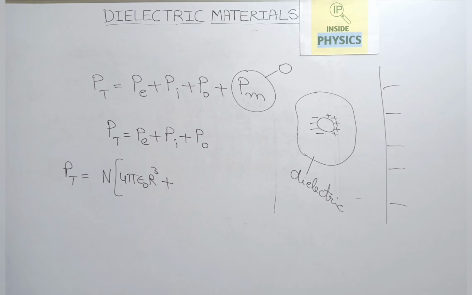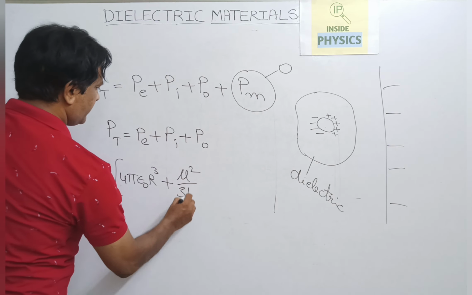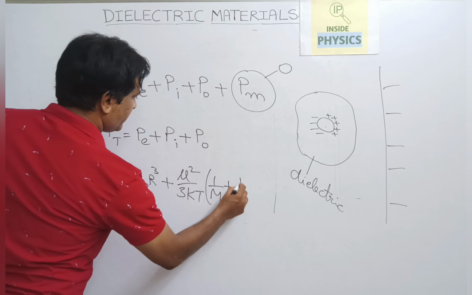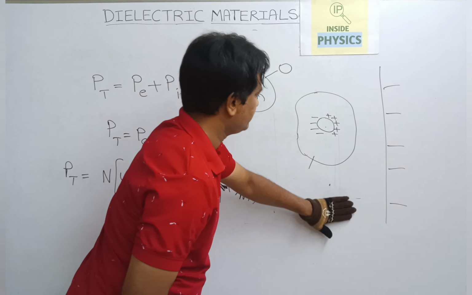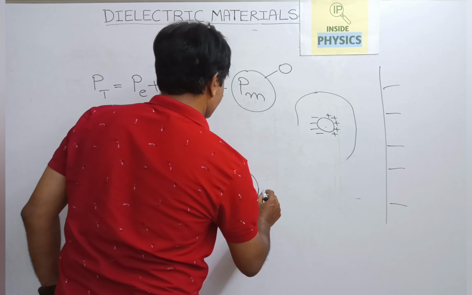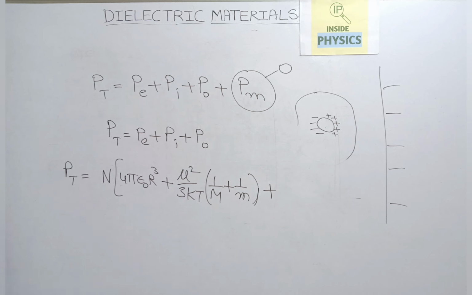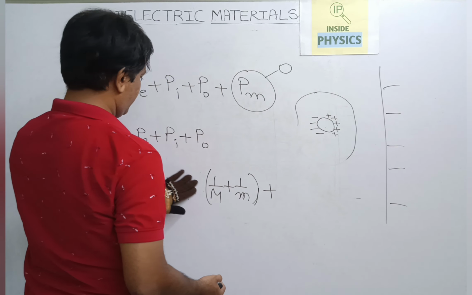The second one, mu square by 3kT, is for the orientation polarization.